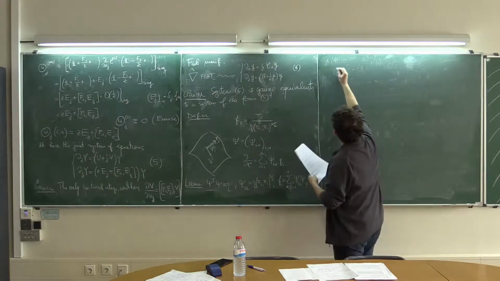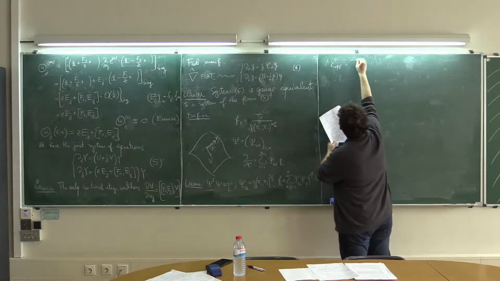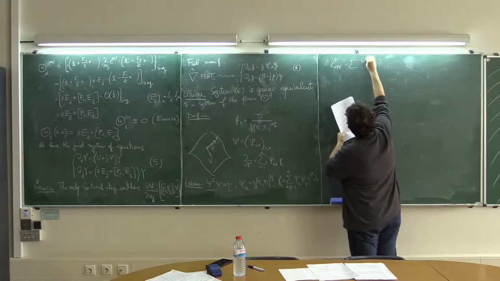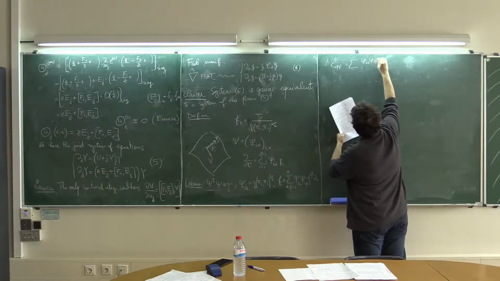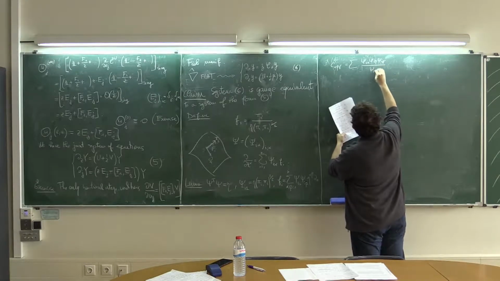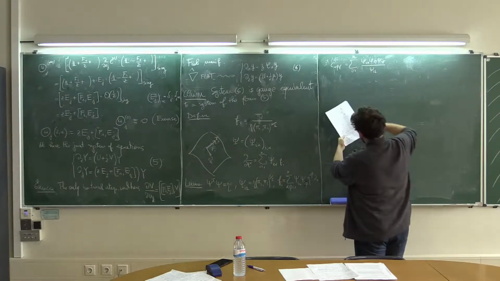And last, C alpha beta gamma equals the sum of psi I alpha, psi I beta, psi I gamma over psi I1, from 1 to m.